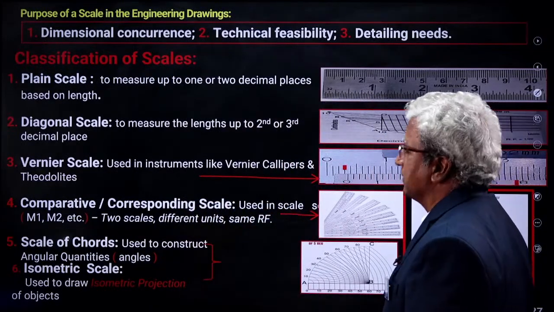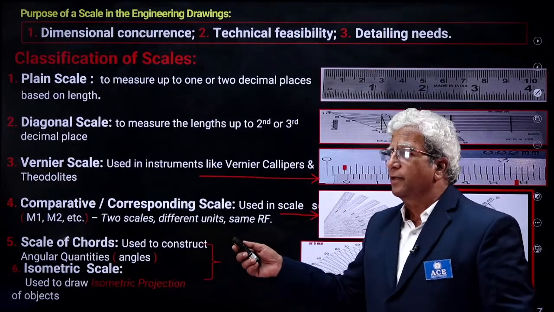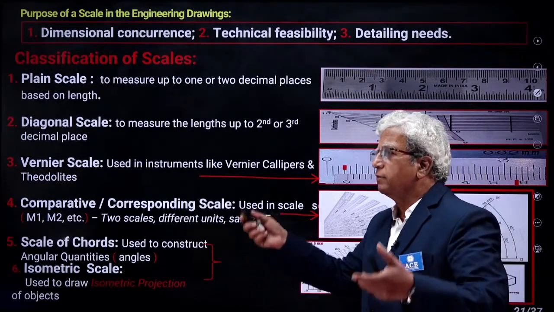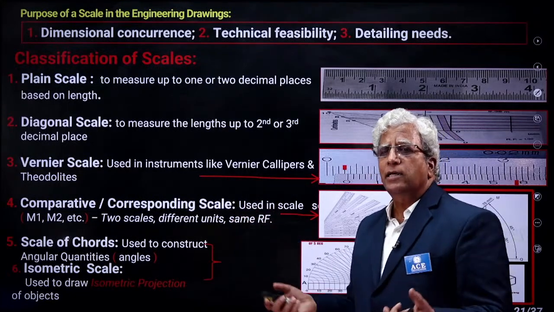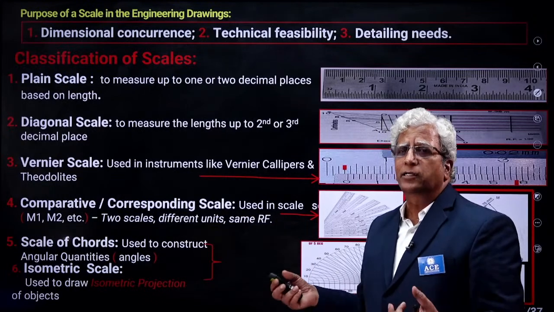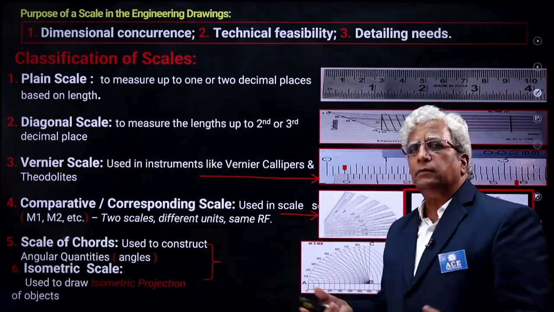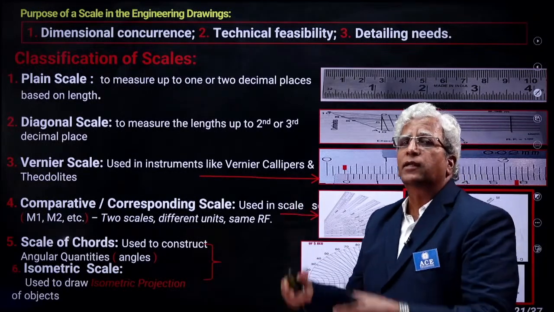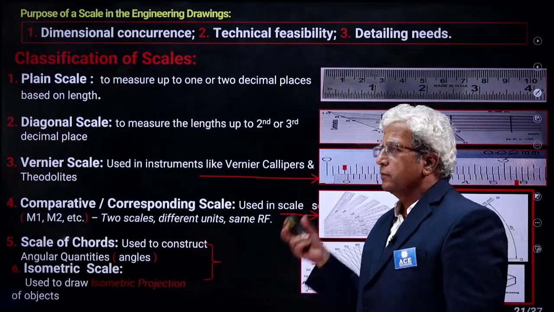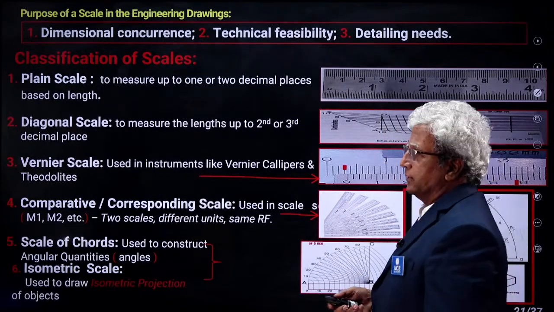Then the technical feasibility. Suppose you want to draw a very big figure, technically you can't draw it to true size. You have to draw it to a drawing-sheet compatible size. For that we need a scale. Then the detailing needs.